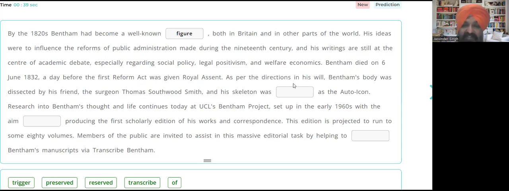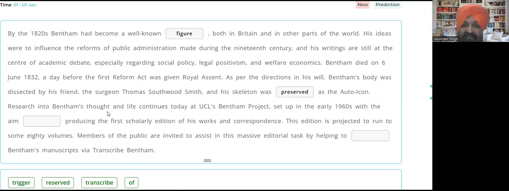I will skip some part because it will take a lot of time to read. So as per the directions in his will, he wrote a will, Bentham's body was dissected, means divided into parts, by surgeon Thomas Southwood Smith, and his skeleton was dashed as the auto-icon. So his skeleton was preserved, right?